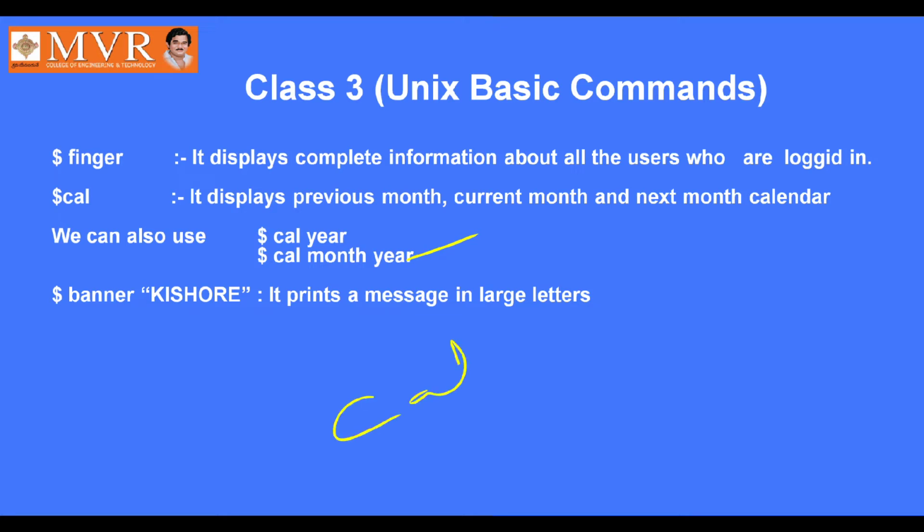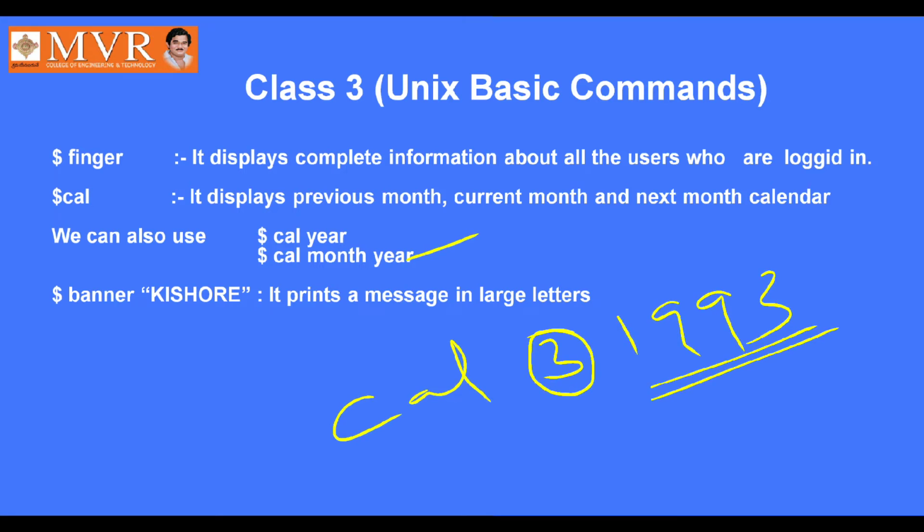For example, if you type cal 3 1993, it means you want to display the March calendar of the year 1993, and it will be displayed on the screen.